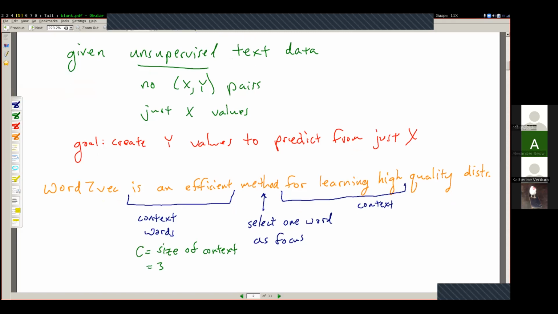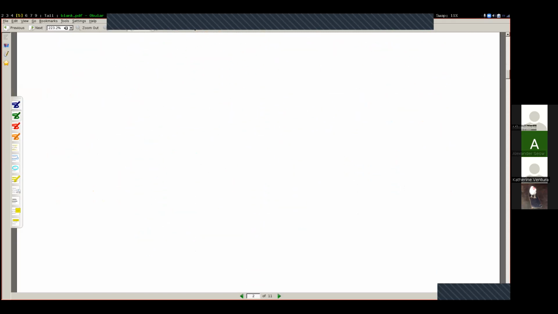And now there's two types of prediction problems that we can create off of this.